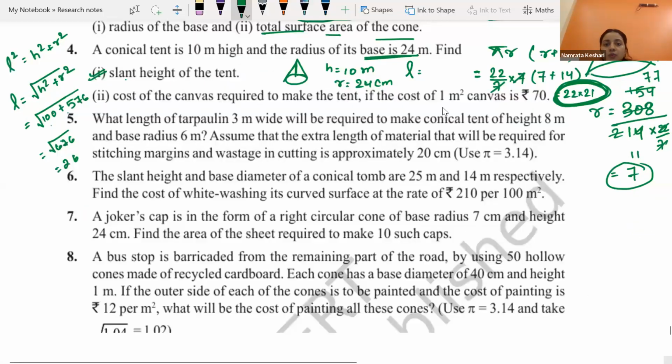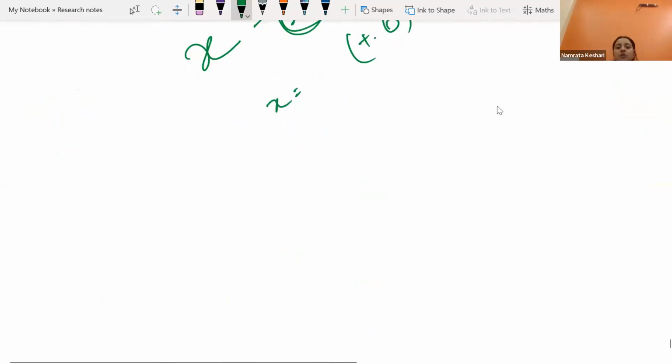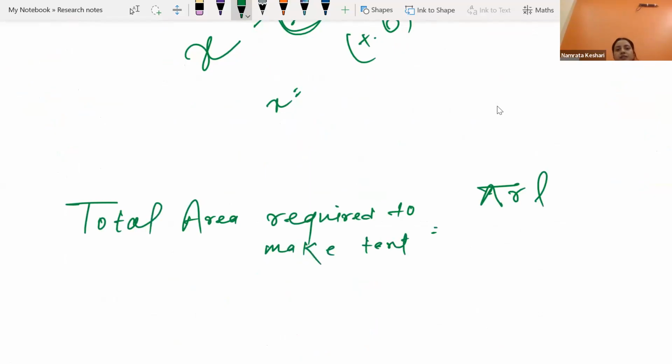And then the cost of 1 meter square is given as rupees 70. First, you will be finding the curved surface area, the total area required to make the tent. CSA.